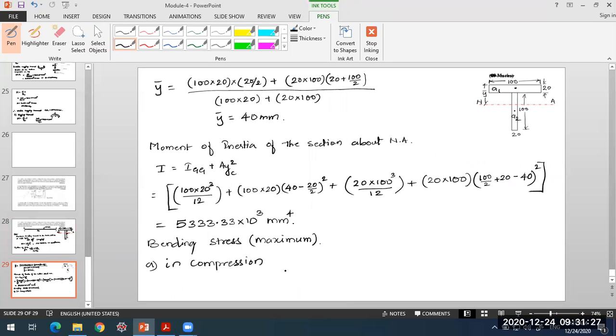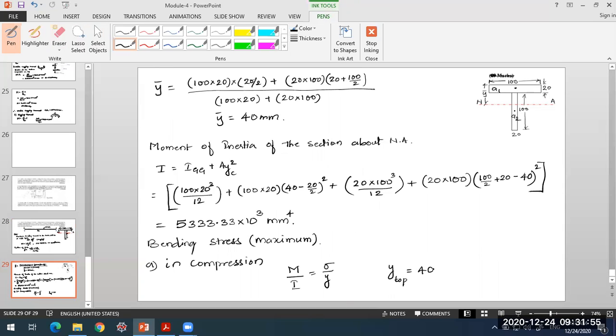In compression, what I'll be doing is considering this flexural formula, M by I is equal to sigma by y here. Now for this case, I'll be taking y top, the distance of fibers towards the top of the section. It will be equal to y bar itself, so this is 40 mm.